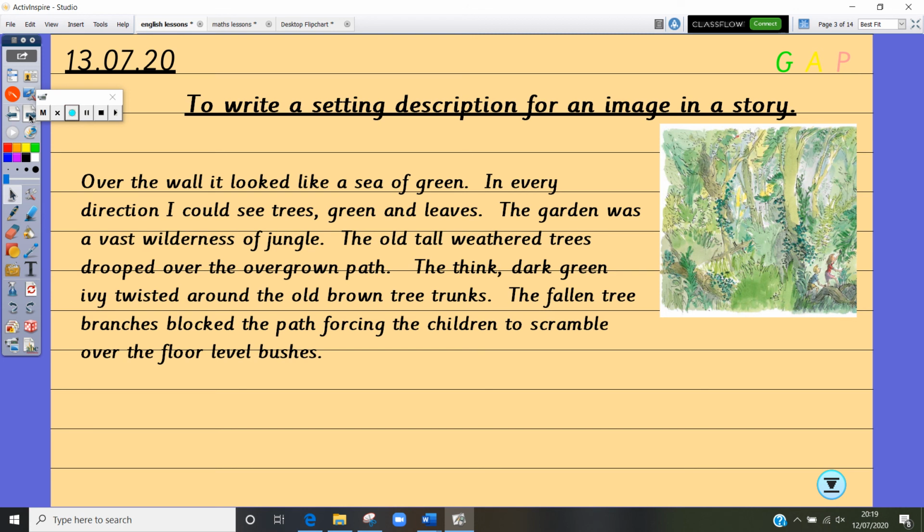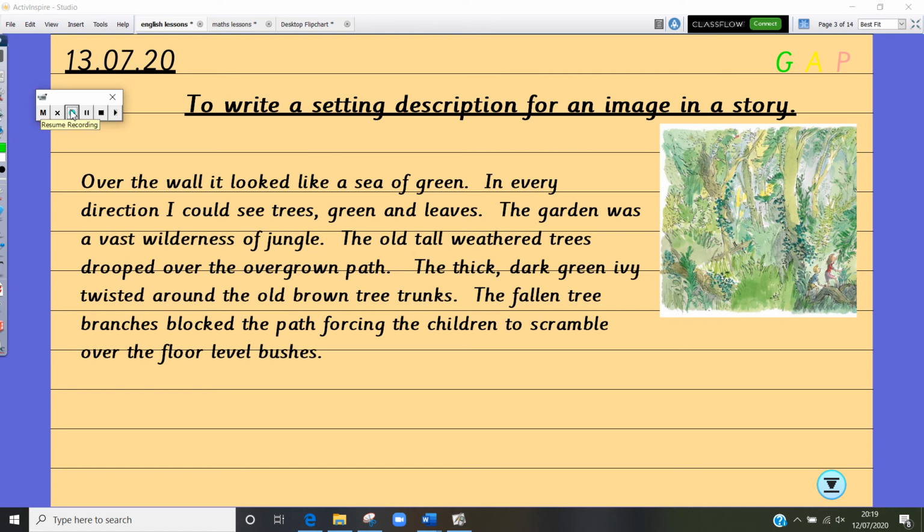The garden was a vast wilderness of jungle. The old, tall, weathered trees drooped over the overgrown path. The thick, dark green ivy twisted around the old brown tree trunks. The fallen tree branches blocked the path, forcing the children to scramble over the floor-level bushes. I could go on and on with my description, but I'm going to stop there to give you something that you can write out as well.